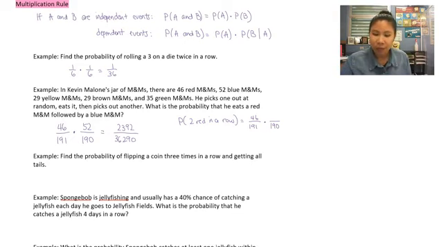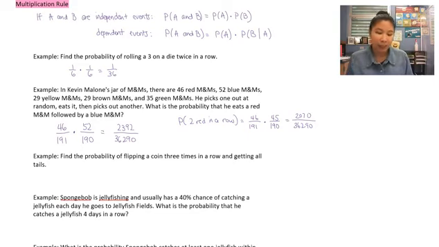But also, the second time around, there's also fewer red M&Ms in the jar now, because he already ate one. So now there's only 45 left. And so when we're dealing with these dependent events, you need to pay attention to what else changes in the overall scenario. So this time when we multiply this together, we end up with 2070 over 36,290.